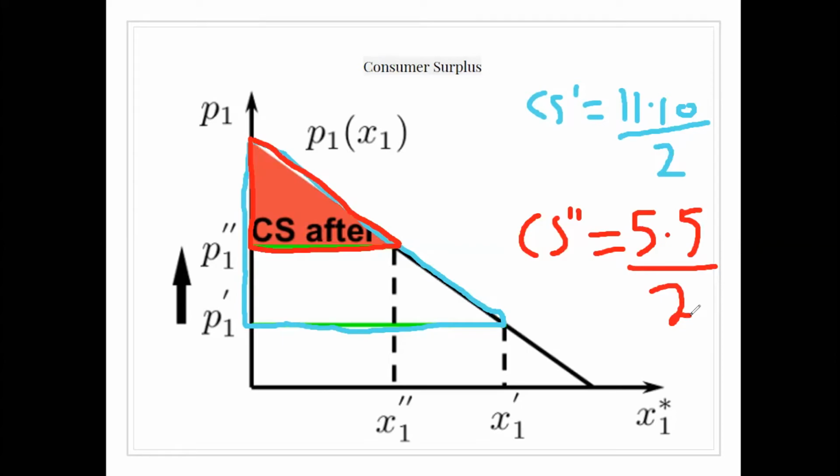And if we compare the 12.5 consumer surplus, my numbers are terrible, sorry, the handwriting is really hard, versus the original consumer surplus of 55, you can see that this consumer is much worse off buying this product this time than before.